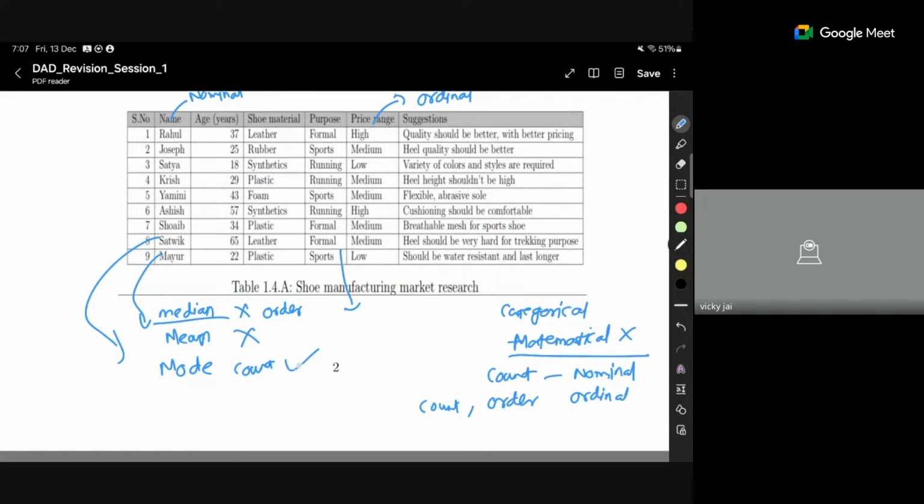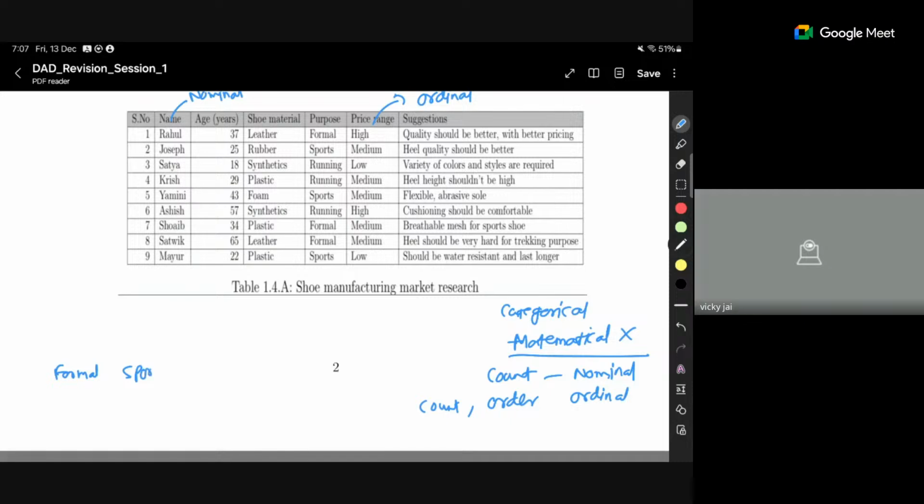Let's see how many categories there are. I'm just writing unique categories: formal, sports, running. Running is again there, so I don't write it again. So these three categories are there.